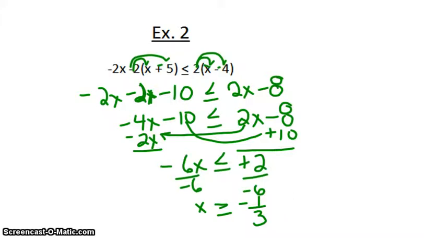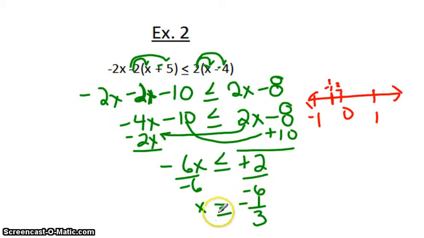And again, we want to graph our solution. So we're going to have a number line. Zero will be here, positive one's here, negative one's here, -1/3 is approximately here.